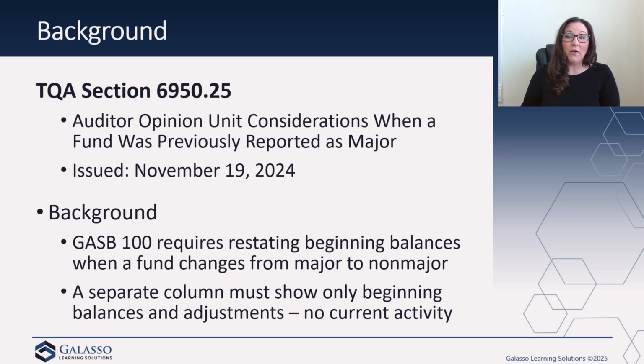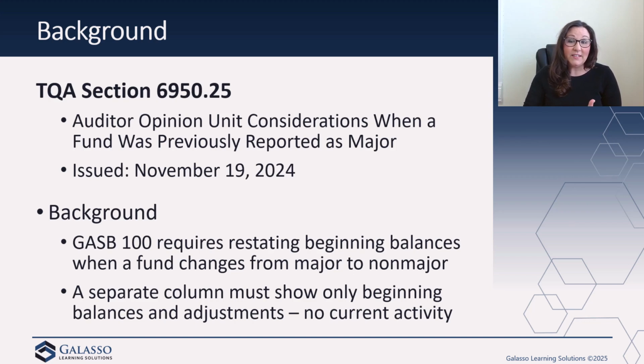A little background as to why we have this question and needed an answer is that GASB Statement 100, Accounting Changes and Error Corrections, requires that a change in a fund's classification, for instance, a fund transitioning from major to non-major, be reported by adjusting the beginning fund balances and presenting the restatements in the current period's financial statements.